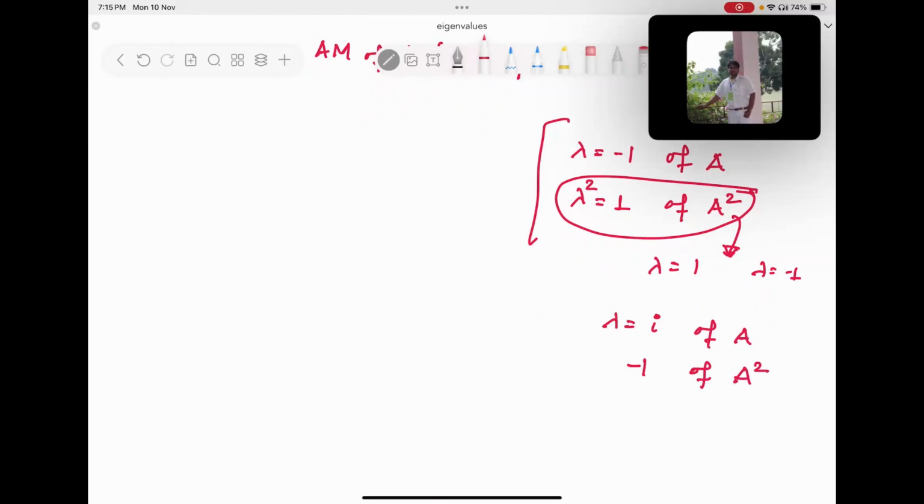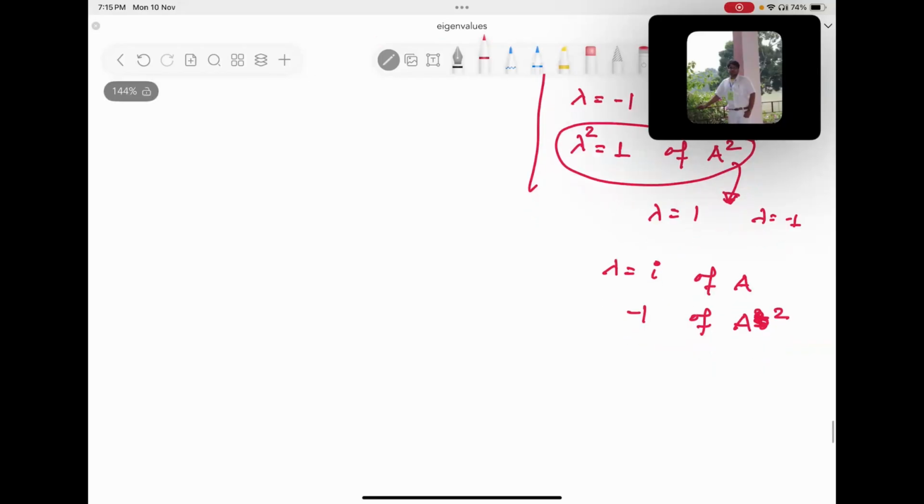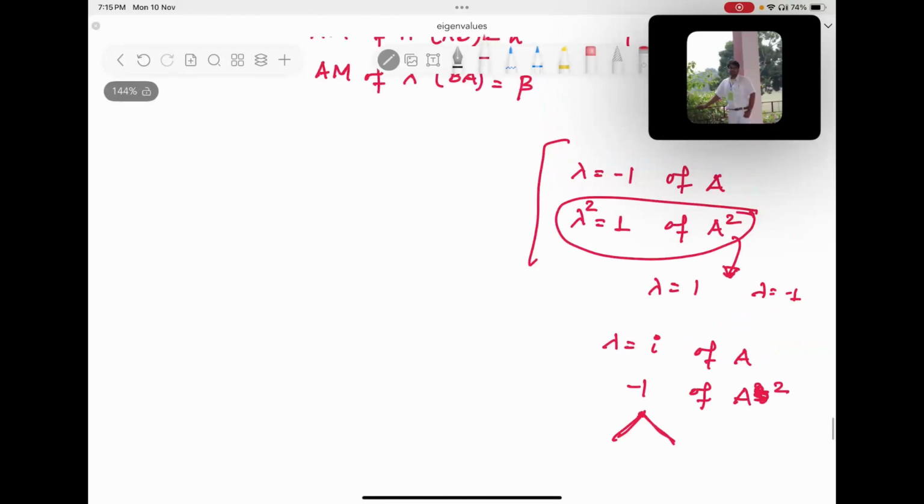Or in general, suppose you take A cube. So iota cube will be minus iota. If you just take iota square, A square, from this again you will have two cases. It may happen that this lambda square is coming from this case, or it may happen that it is coming from this case, or it may happen that both are eigenvalues of A. Suppose you take a matrix A in which this is the only case.